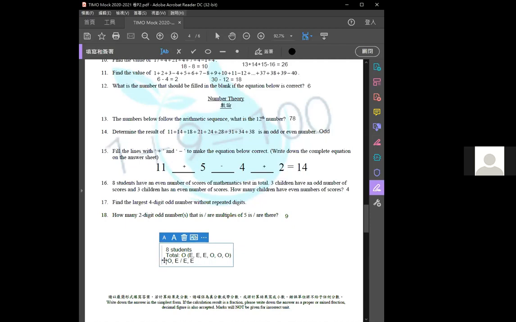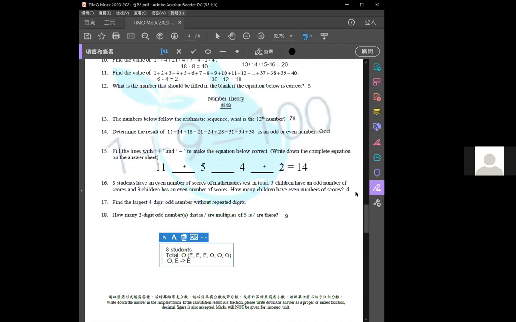We can eliminate this choice. For even plus even and then plus odd, it's still odd, right? So we can also eliminate this choice. And odd plus even plus odd, the answer will become even, right? So it satisfies the requirement. That's why we understand that the remaining 2 students must be odd and even. So when there are 4 odd and 4 evens, it's definitely 4 children have even numbers of scores. So that's how we do it.